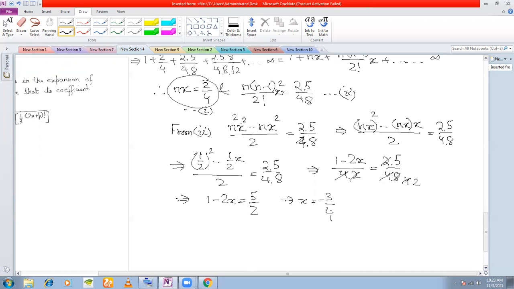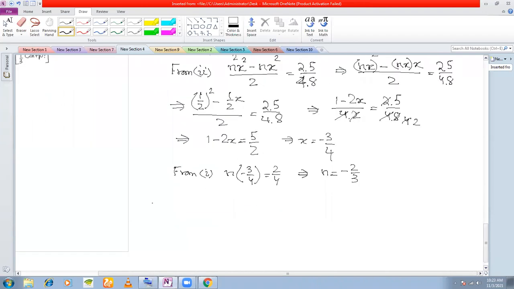How to find out the value of n? Put the value of x in 1. So from 1, n into minus 3 by 4 is equal to 2 by 4. Okay, so you get n is equal to minus 2 by 3. So therefore, what is this equal to?